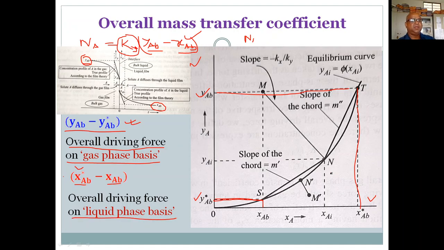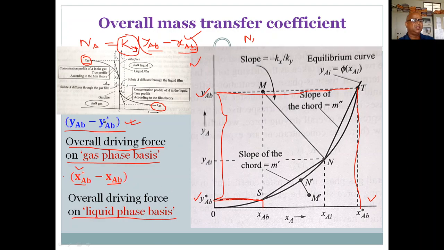Do you understand? Now if you see, the overall driving force on a gas phase basis is this Y_AB, and whatever X_AB I convert with the equilibrium relation into Y_AB star.